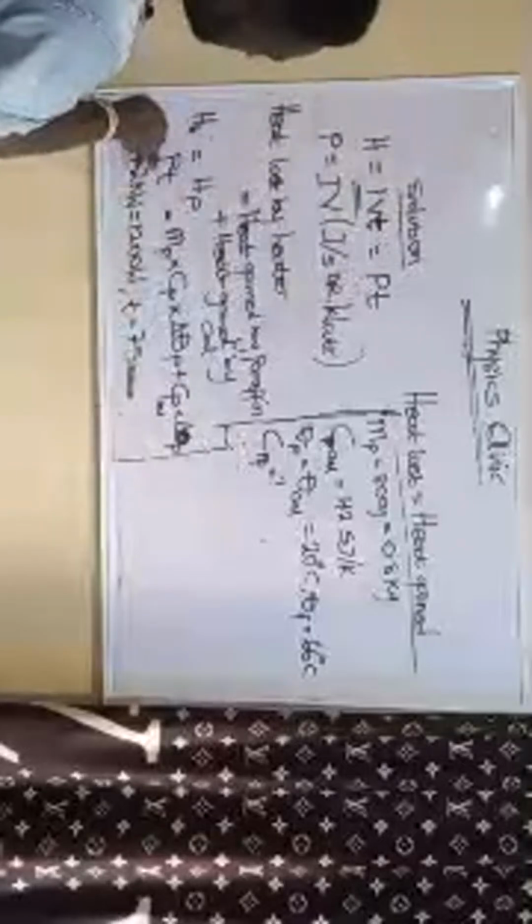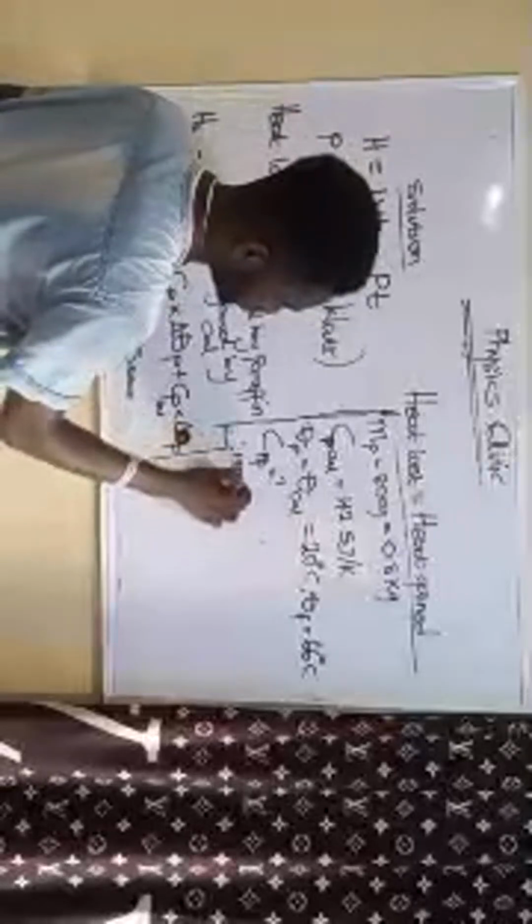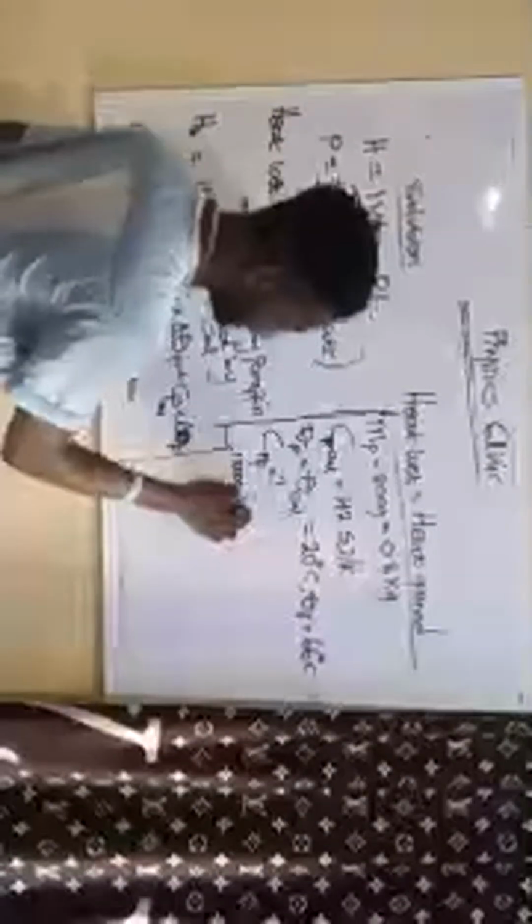Therefore, my P times t, that's the heat supplied by the heater, will be 1200 times the time, which is 75, and this will be equal to the heat gained by the paraffin. Don't forget that I must consider the mass of paraffin.